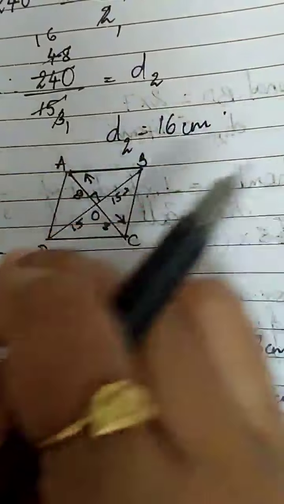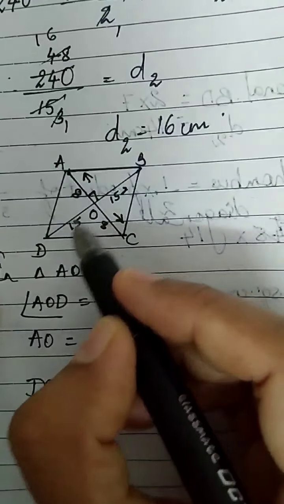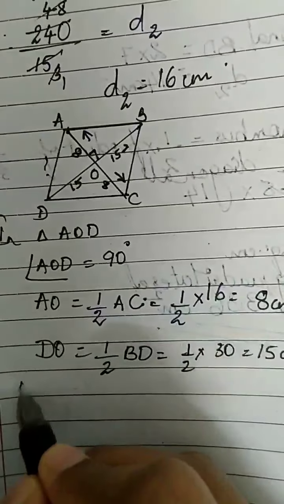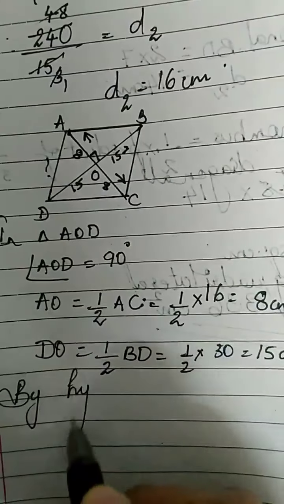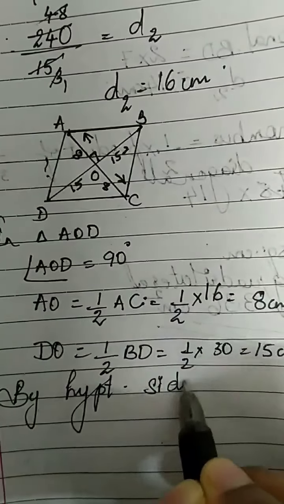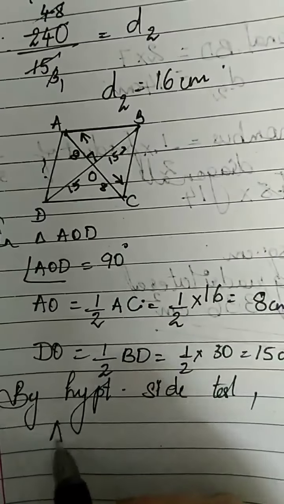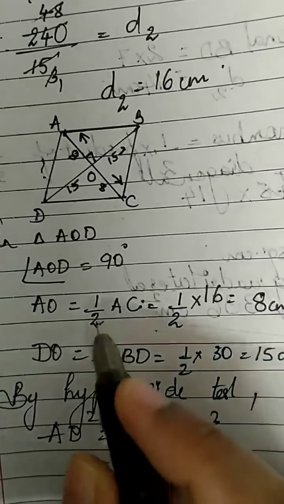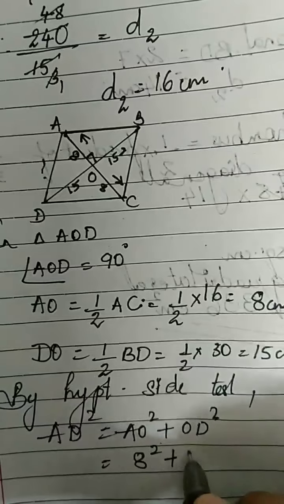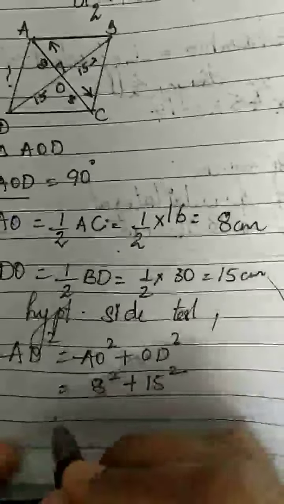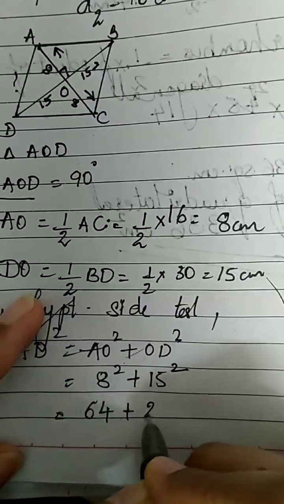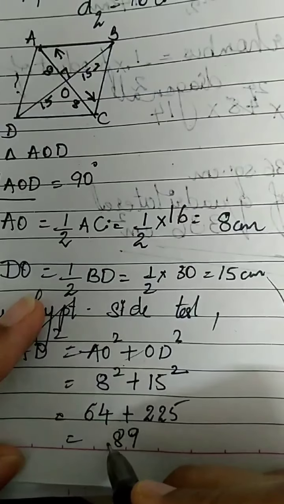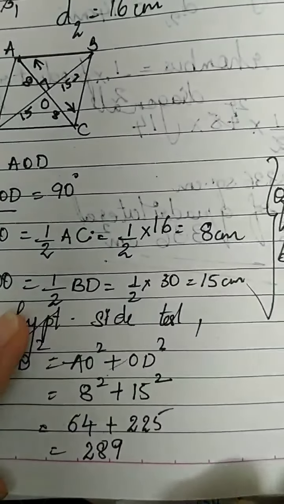So if they are perpendicular bisectors of each other, you know AO is 8, OD is 15. Can you get AD? AD is nothing but the side of the rhombus. Yes, by using the hypotenuse side test, you will get the length of AD. AD square is equal to AO square plus OD square, which is 8 square plus 15 square. 8 square is 64 and 15 square is 225, which is equal to 289.